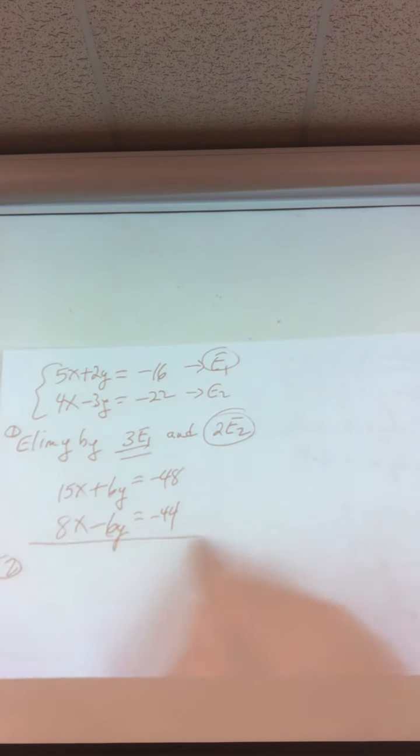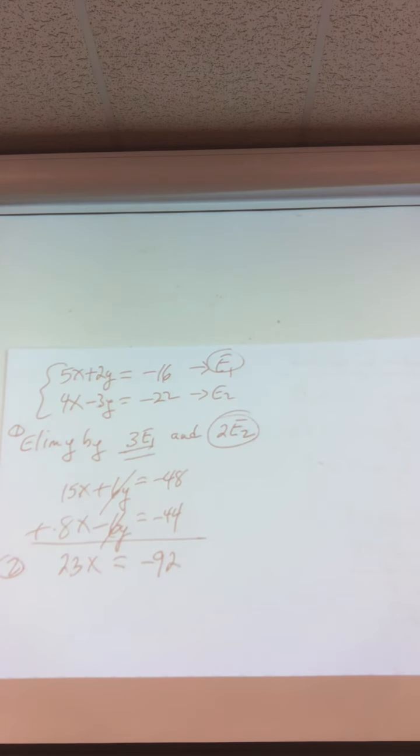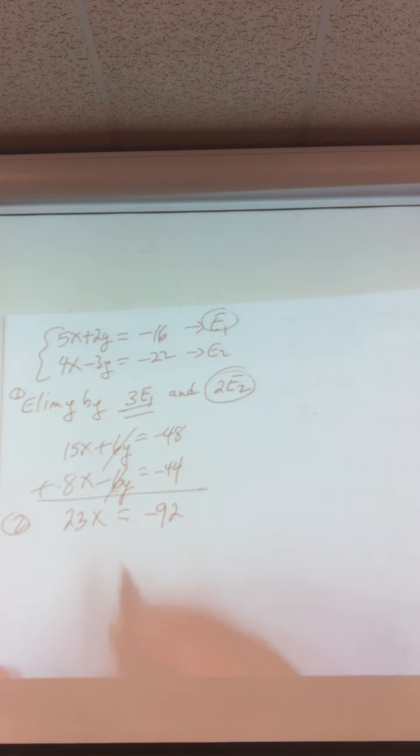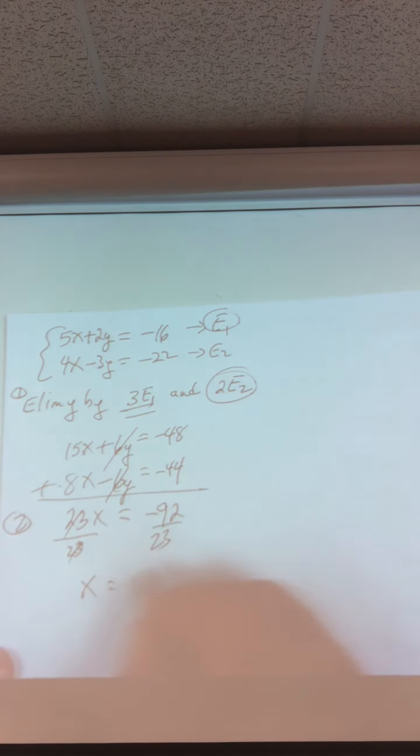Step 2, add the two equations together. And when you do, the y's add out. 15 plus 8 is 23x. Negative 48 minus 44 is negative 92. And solve. That divides evenly.